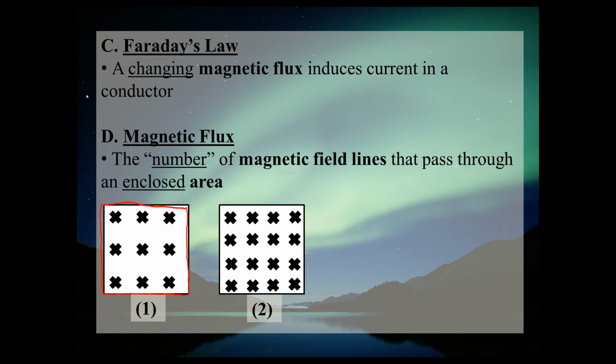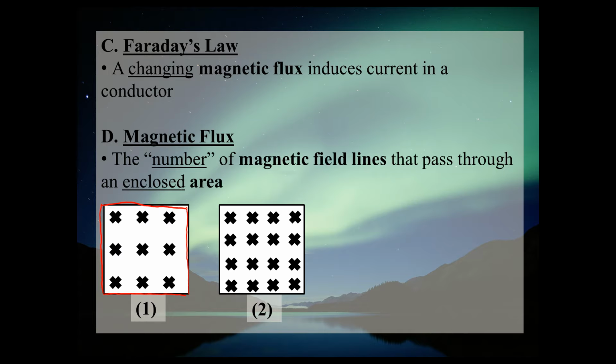What I've shown inside the area is a bunch of magnetic field lines that are directed into the page. On the loop on the left-hand side, you have 9 magnetic field lines passing through that area. On the right-hand side, you have 16 of those magnetic field lines passing through the area.